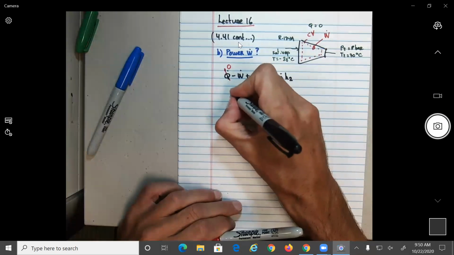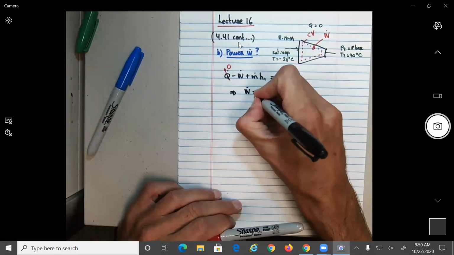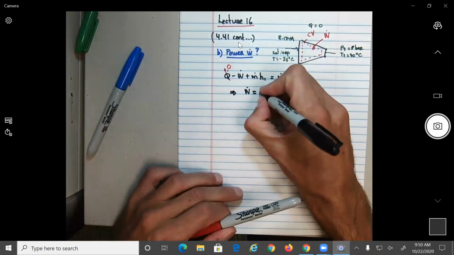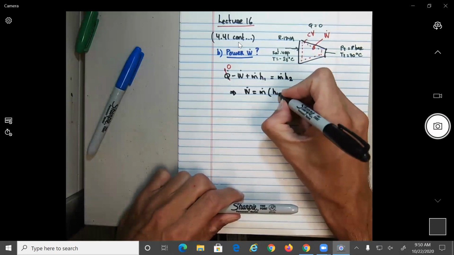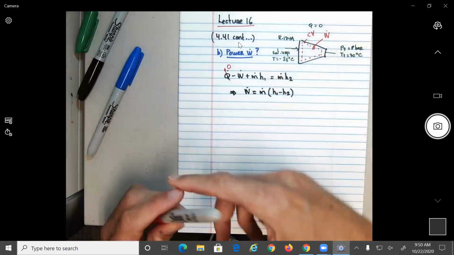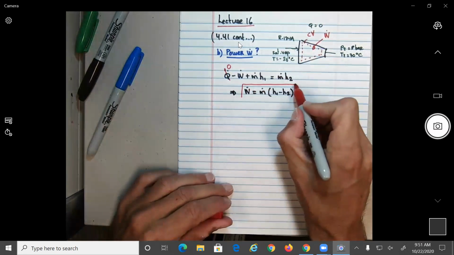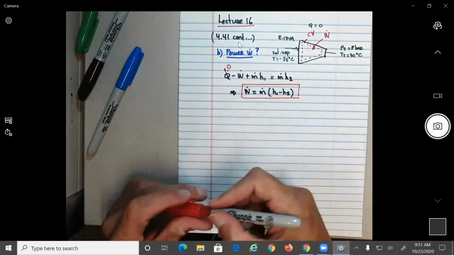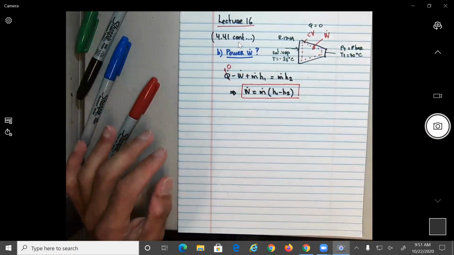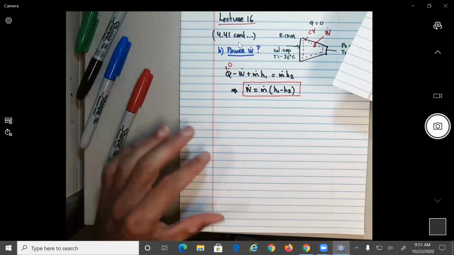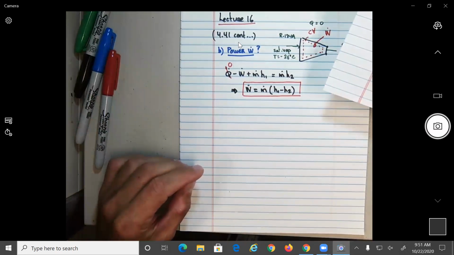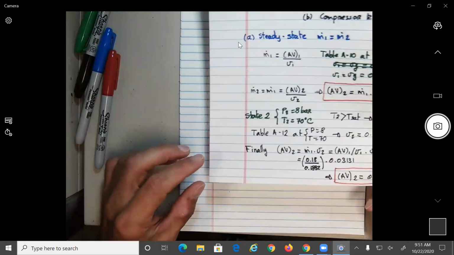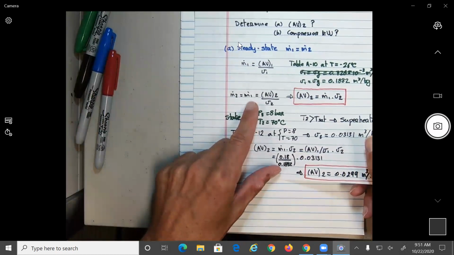And basically from here, you can get the equation that the power required for the compressor to operate will be m dot times (h1 minus h2). Okay, so we're going to calculate the value for m dot, but we have all the data over here.